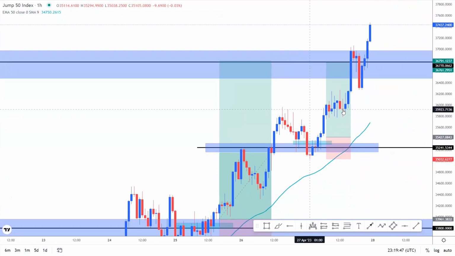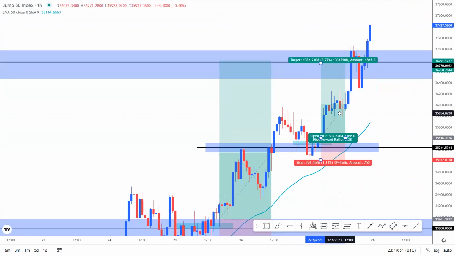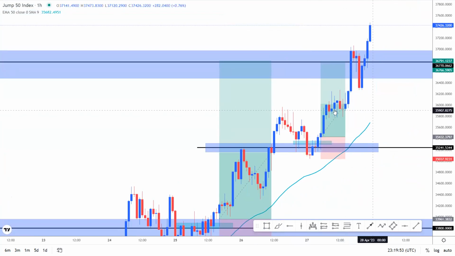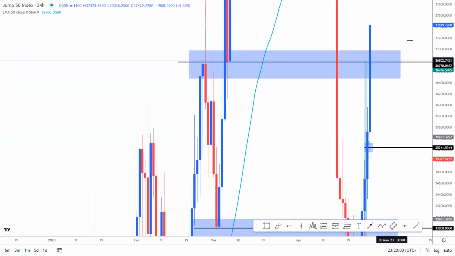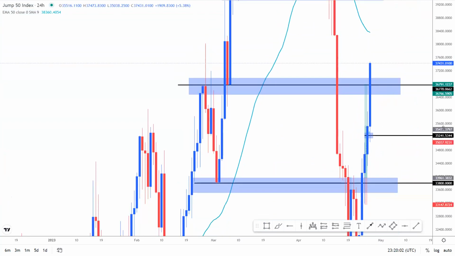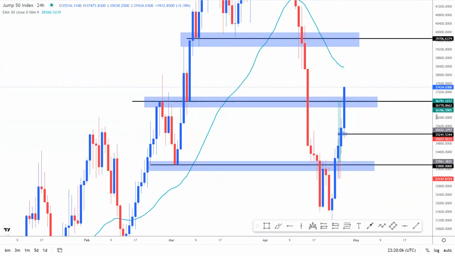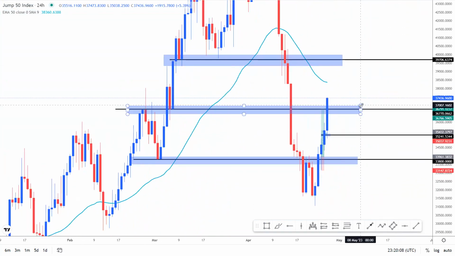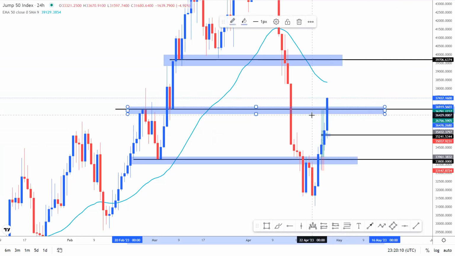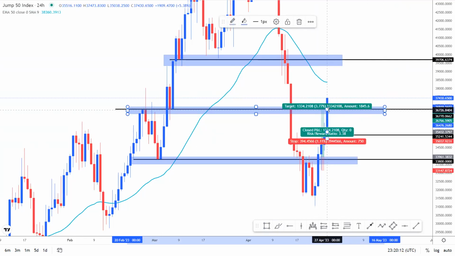Now I'm choosing to bring this breakdown a bit much earlier because moving down to the daily time frame again, we might most likely have price present us some more opportunities. We're currently at the level right here.